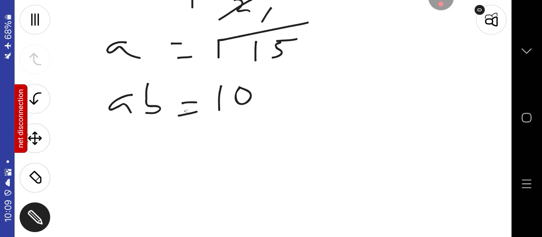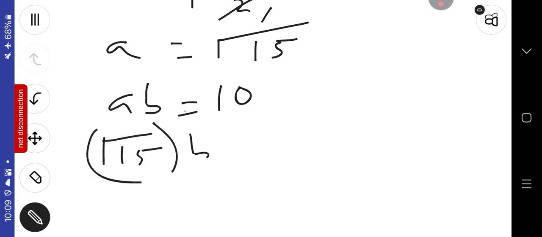Now, what is going to happen is this. We know the value of A to be root 15. So in place of this, we put the square root of 15. Square root of 15 multiplying b is equal to 10.